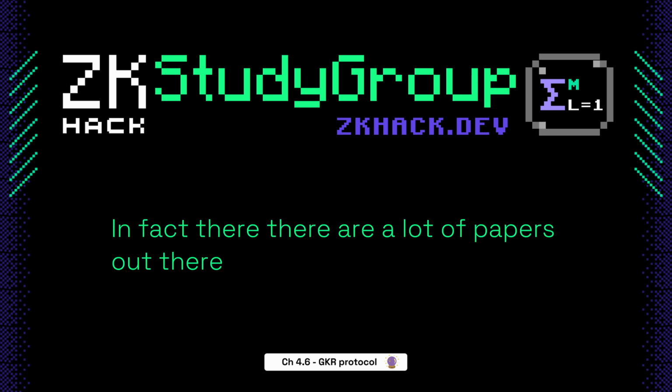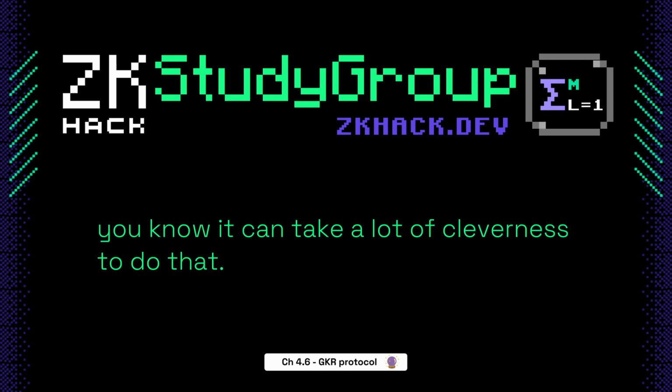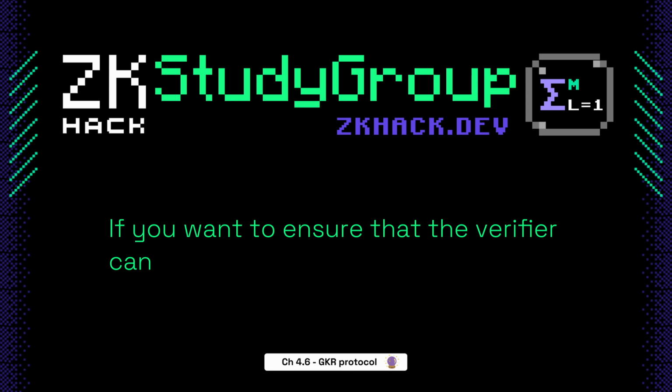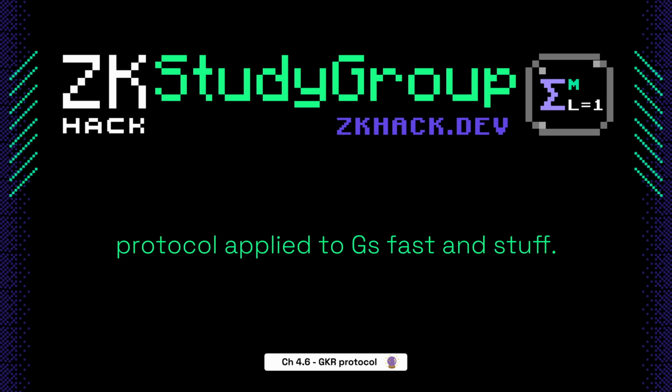In fact, there are a lot of papers in the literature that go through that. It can take a lot of cleverness if you want to ensure that the verifier can evaluate G at a random point efficiently, so that the verifier in the sum check protocol applied to G is fast.